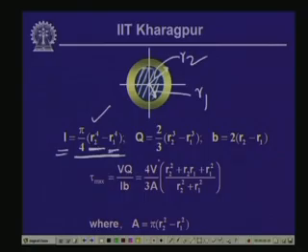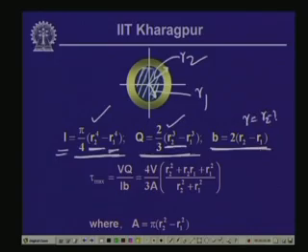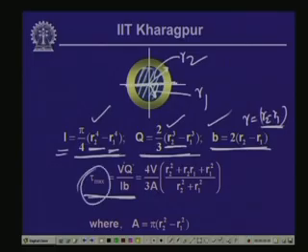to the power 4. Q is 2/3 r cube, and in place of r we are substituting r 2 cube minus r 1 cube. b is equal to twice r, and we are substituting for r as r 2 minus r 1, the external radius minus the internal radius. And if we substitute these values of I, Q and b in the expression for maximum shear stress, in this case also we compute the shear stress at the neutral axis position, which is the maximum shear stress.